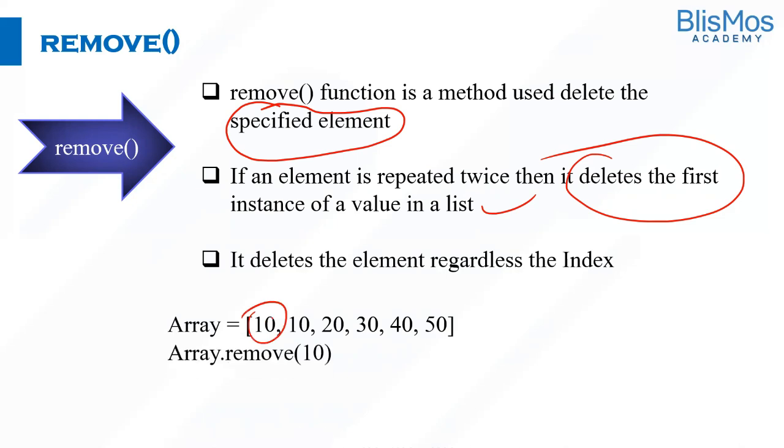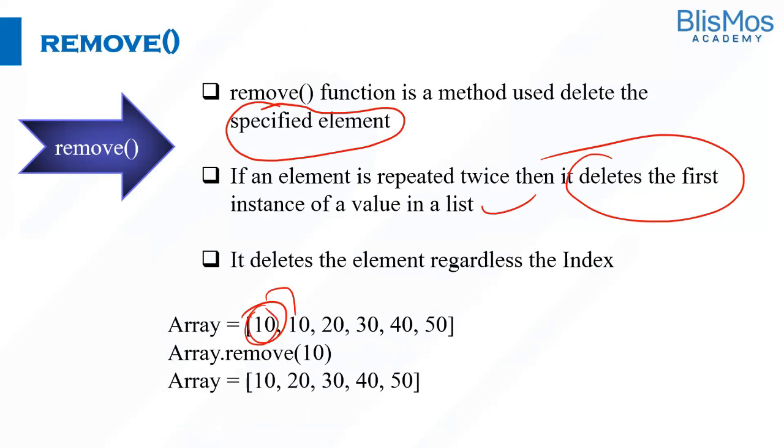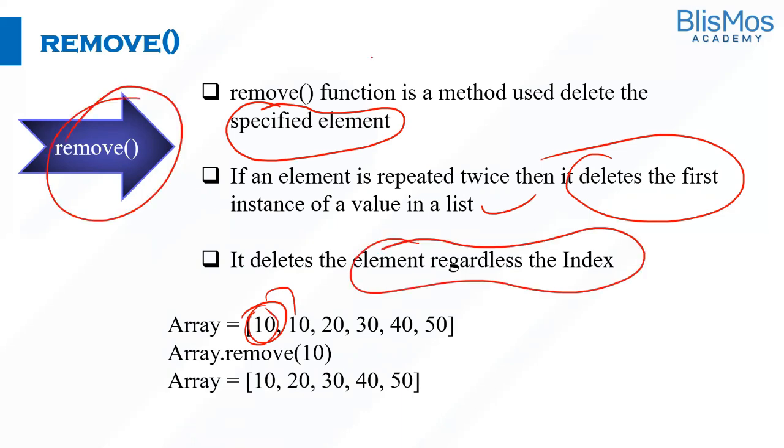When you say array.remove(10), it removes the first instance, which is the repeated element. One very important aspect here is that it deletes the element regardless of the index. It doesn't matter which index of the array the element is in.